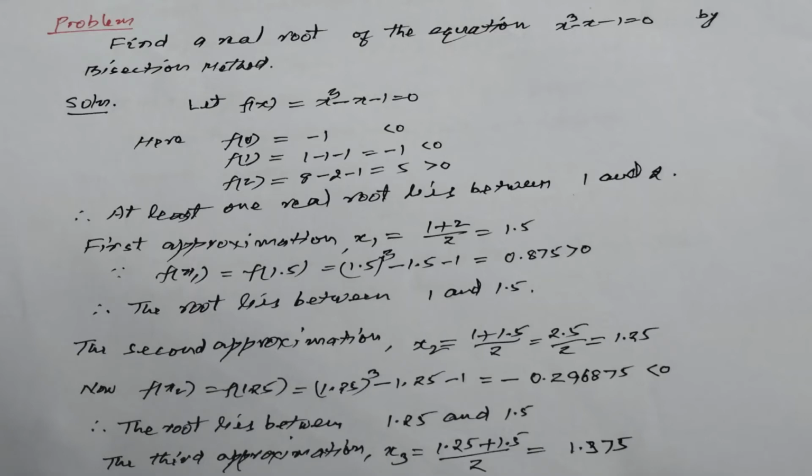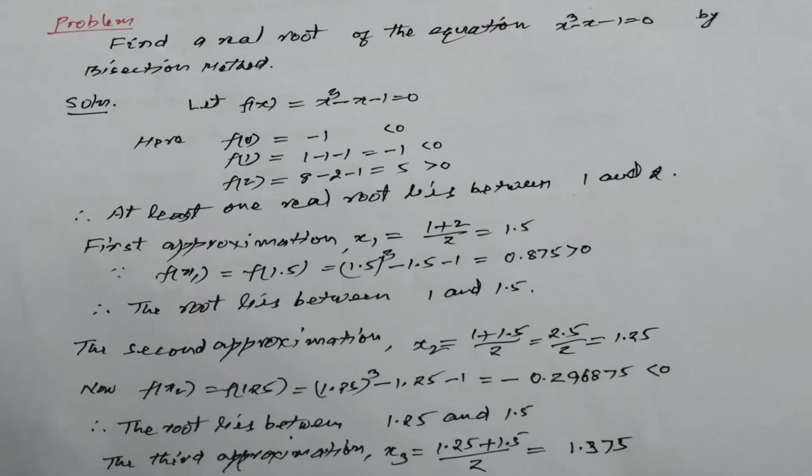We check here f(0) equal to minus 1, which is less than 0. f(1) equal to minus 1, which is negative. f(2) equal to 5, which is positive.